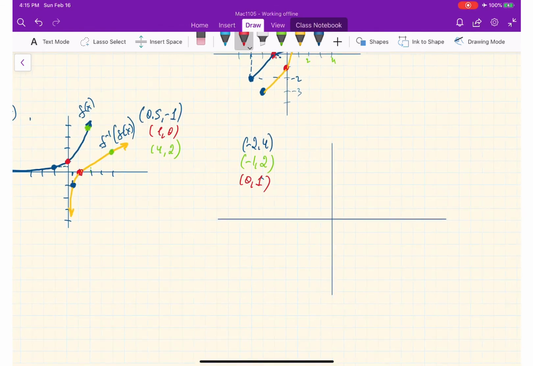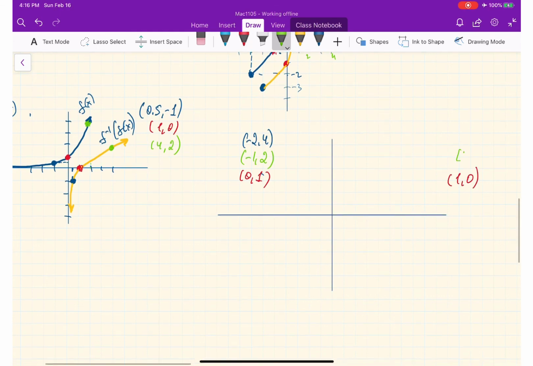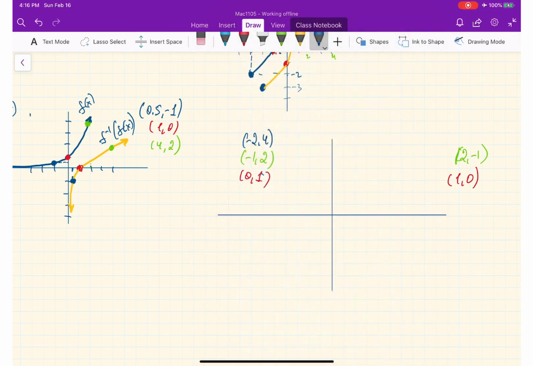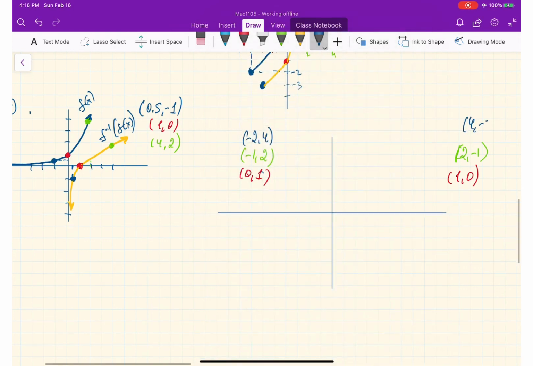Let me start with the red one. Since I have the red one, it's going to be 1 and 0. And then the green one will be 2 and -1. And the blue one, it's going to be 4 and -2.